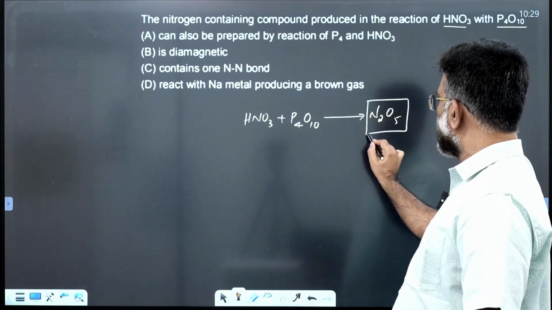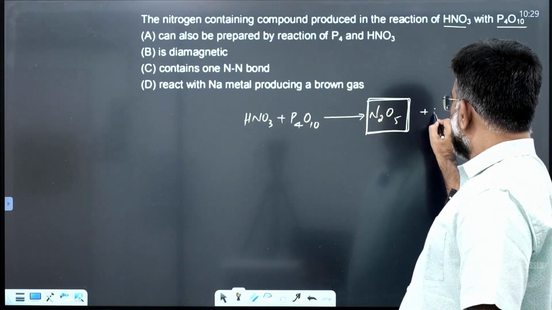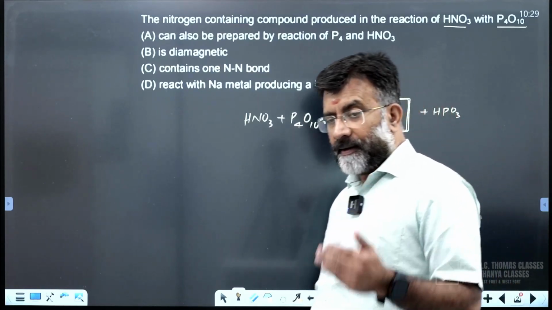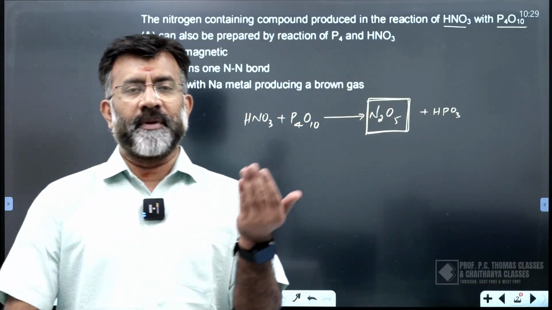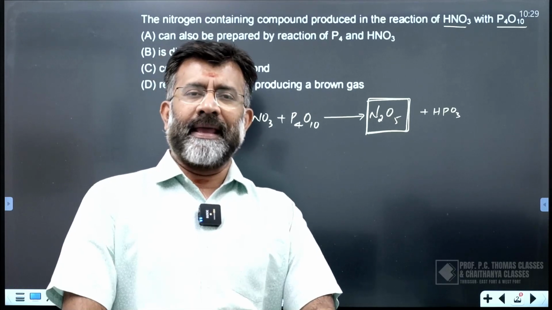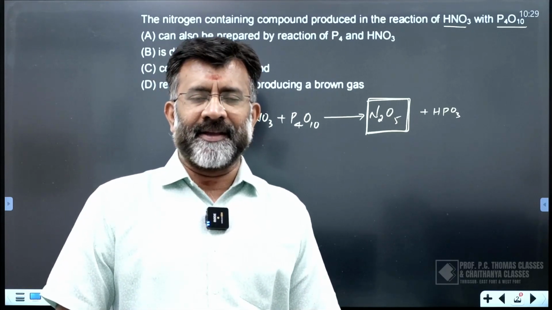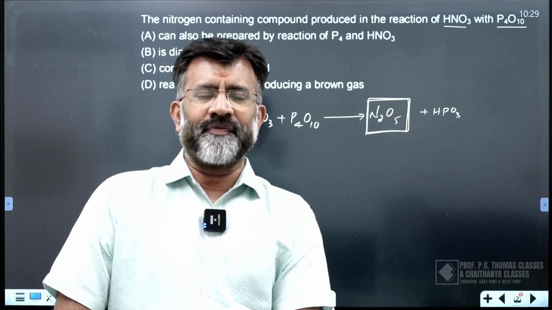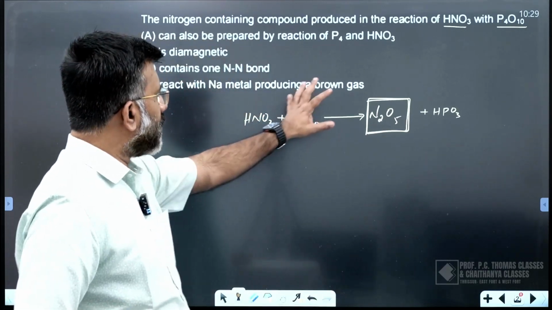N2O5 is the product obtained, plus HPO3, metaphosphoric acid. So nitric acid when treated with P4O10, an excellent dehydrating agent, you will get N2O5, called the anhydride of nitric acid. So this is the compound obtained.